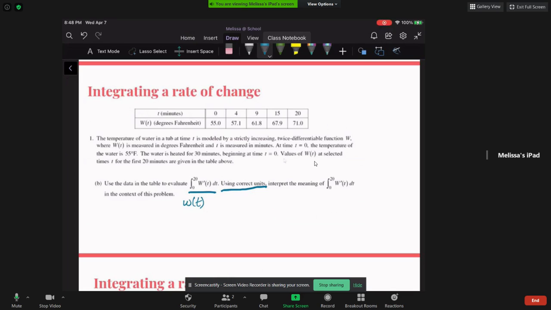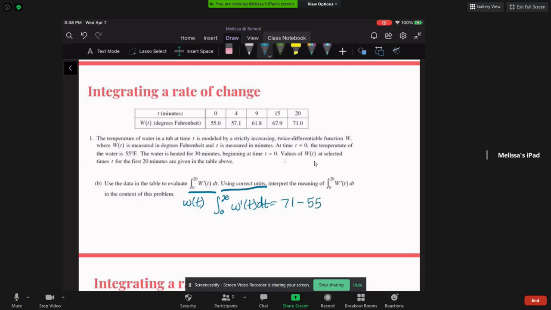So the integral from 0 to 20 of W prime of t dt is equivalent to W evaluated at each of those limits: W of 20, which is 71, minus W of 0, which is 55.